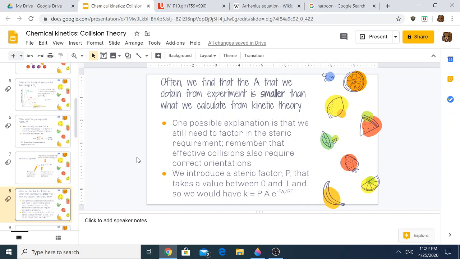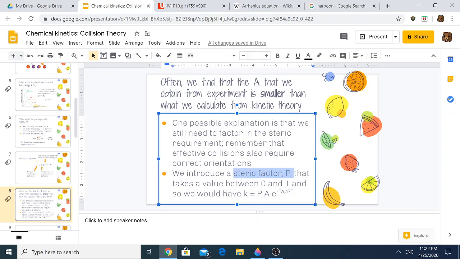This brings us to introduce another factor into the Arrhenius equation, that is the steric factor. This indicates the fraction of sufficiently energetic collisions that also occur in the right orientation. Right, so now with this steric factor having a value between 0 and 1, the Arrhenius equation is now complete, right?